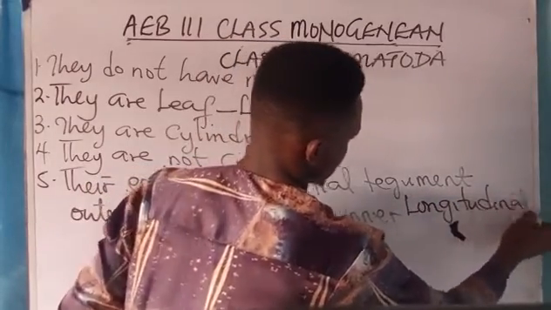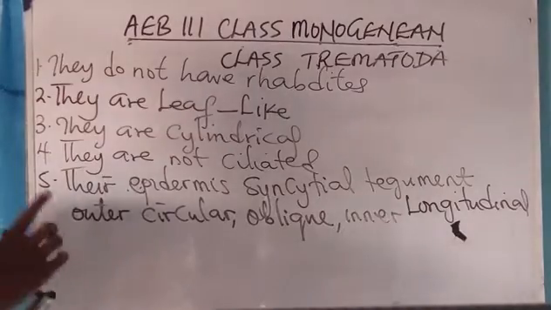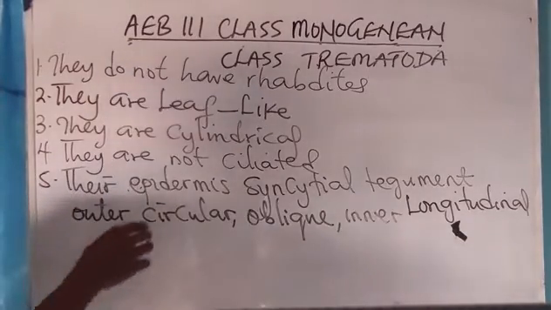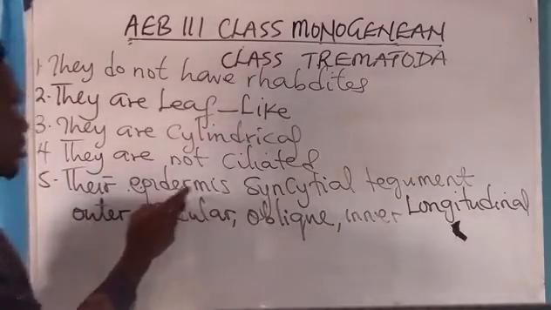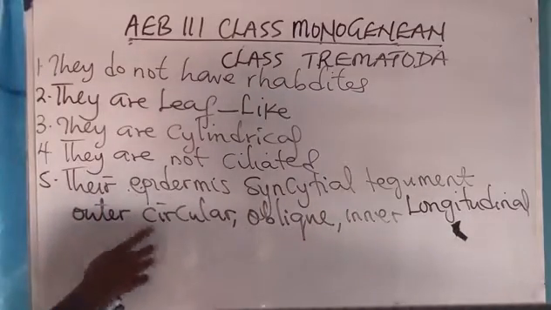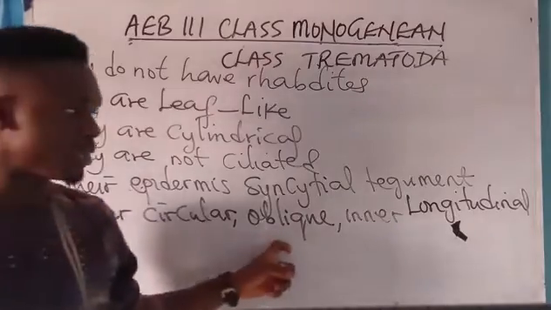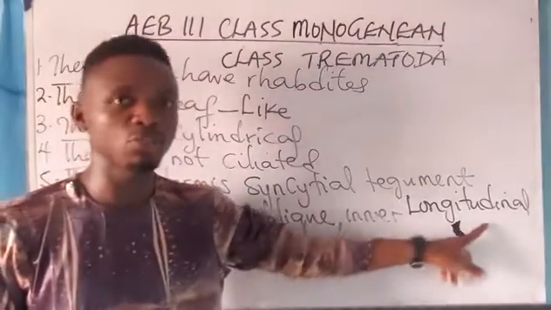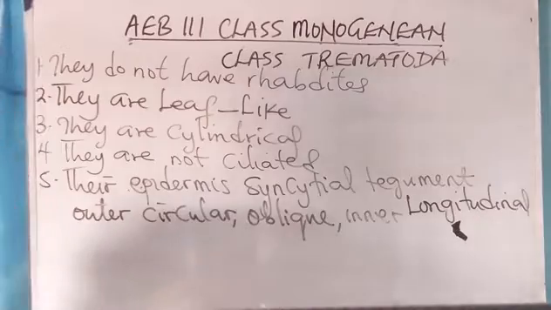You say their muscle layer, which is just found beneath this syncytial tegument, is arranged as outer circular, middle oblique, and inner longitudinal. It is very, very important, okay?